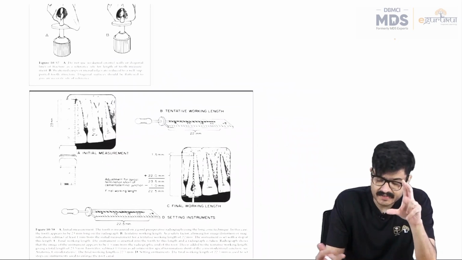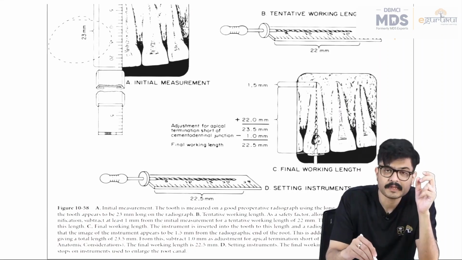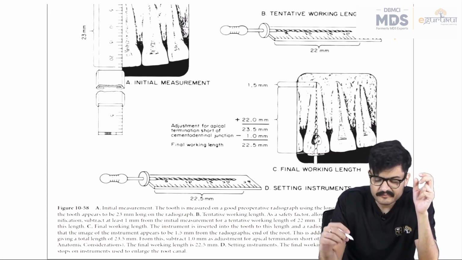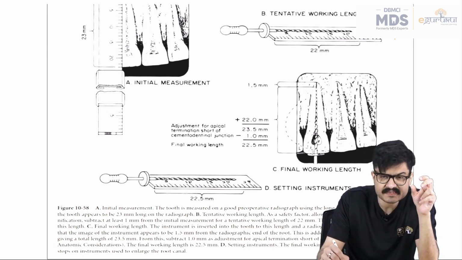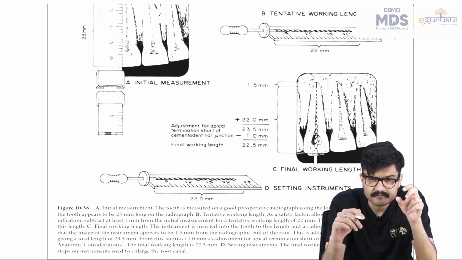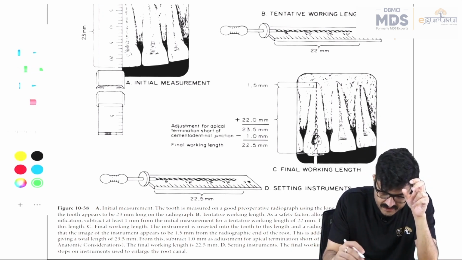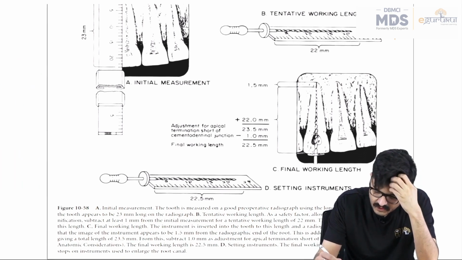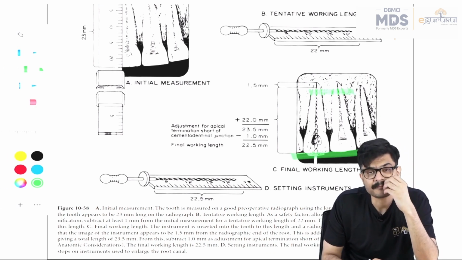Radiographically, I've measured, and that has come out to be how much? 23 mm. So my tentative or my provisional working length would be 23 mm minus 1 mm, that's 22 mm. Now I measure my file at 22 mm and then I insert it inside the root canal, right? So if this is not very clear, let me just put a highlighter here. I think that would make our life easier. So you can see here, exact 22 mm, I put my file inside, right?